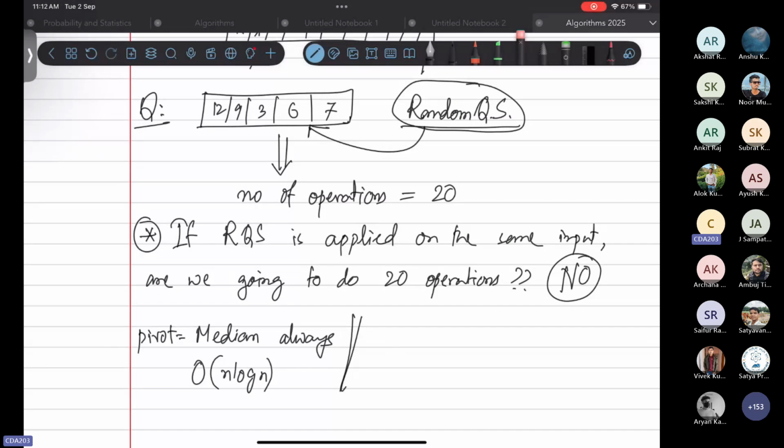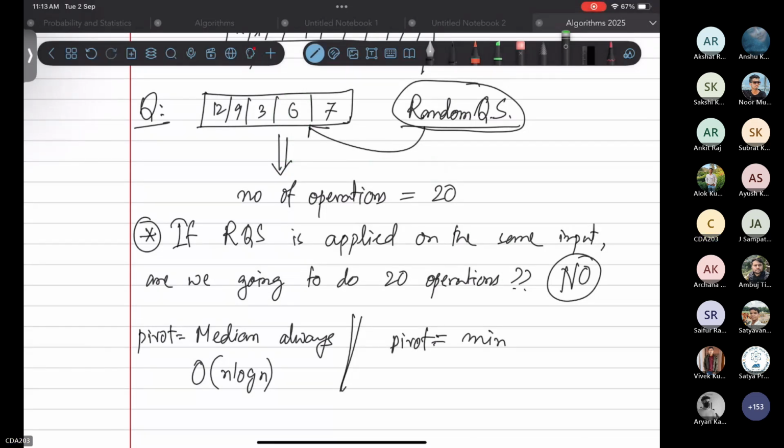On the other extreme, I can have bad pivot elements. By bad pivot, I mean maybe I'm choosing the minimum as pivot always. So maybe first I choose 3 as my pivot, then all the elements go to the right, and then I choose 6, then 7, with 12 and 9 going to the other part.